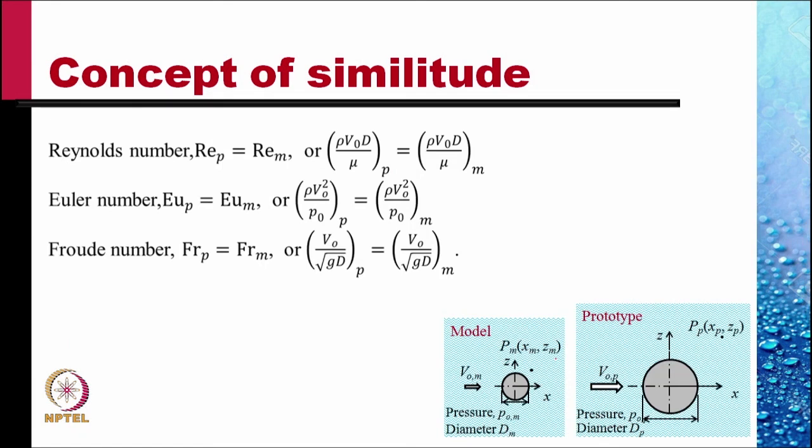So, if the two flows have to be similar, the Reynolds number should match. That is, rho V naught d by mu of the prototype should equal rho V naught d by mu of the model. Similarly, for the Euler number and Froude number.